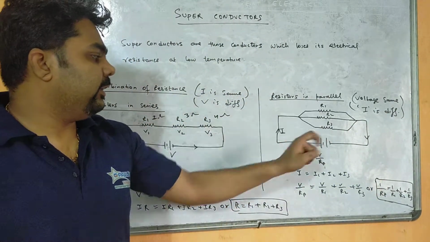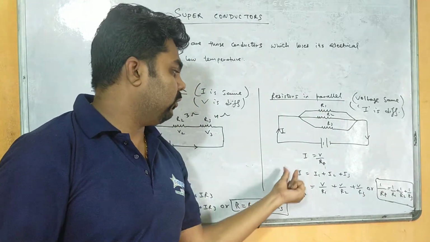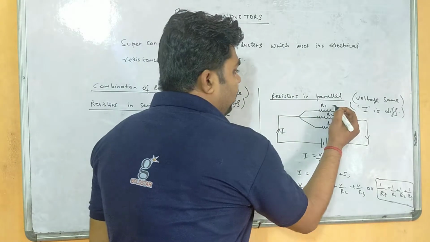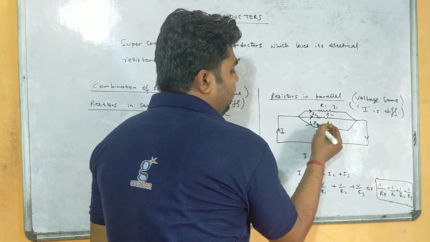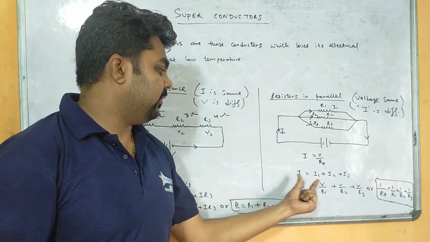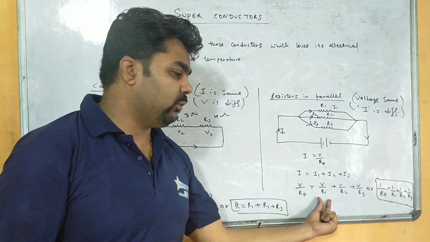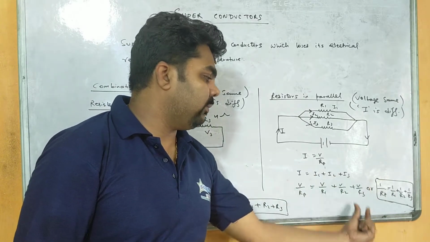Now as current is different, the total current passing through this circuit will be I equals I1 plus I2 plus I3. Here I1 amount of current is passing, here I2, and here I3. Again I1 equals V by R1, I2 equals V by R2, and I3 equals V by R3.